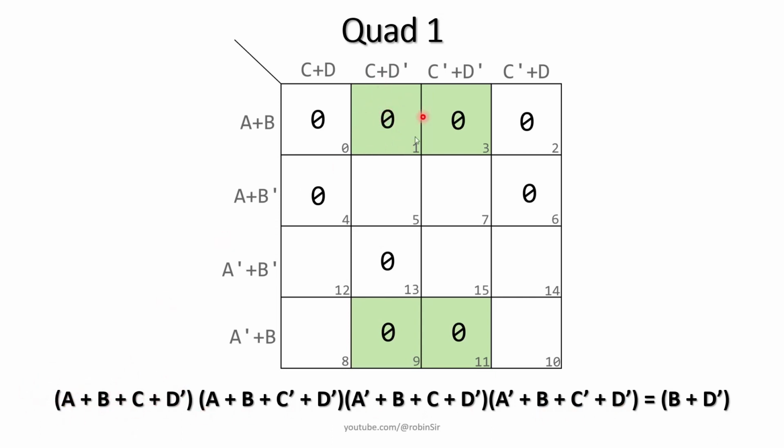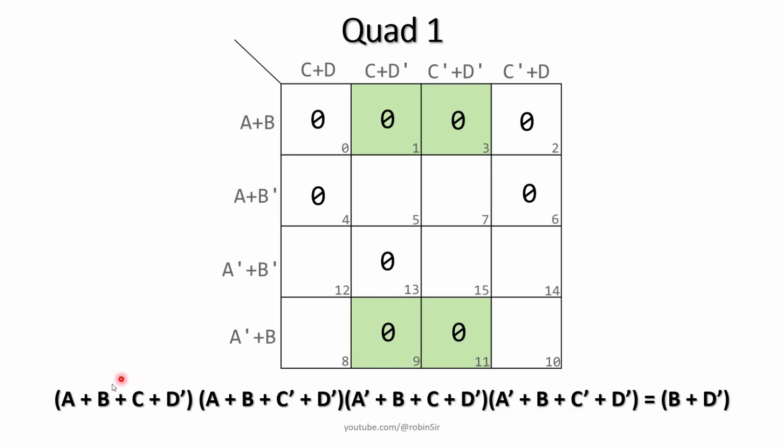When you look at the first box, it is in the A plus B row and C plus D naught column. So that's why A plus B plus C plus D naught. Then this 0, A plus B plus C naught plus D naught. And that's what we have written here. So this is how all the boxes are written down as different terms of the POS.